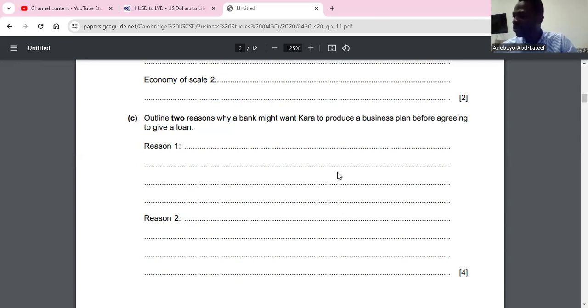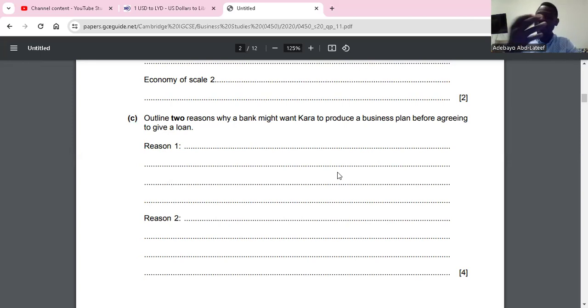Banks might want Kara to produce a business plan before agreeing to give a loan based on the following reasons. One, it could be used to provide details about how sales are estimated and revenue. So a business plan might show your cash flow analysis. So if the bank manager wants to give out a loan, they will be sure that by getting this loan, this business will be able to pay back based on the estimate of sales, which leads to revenue.